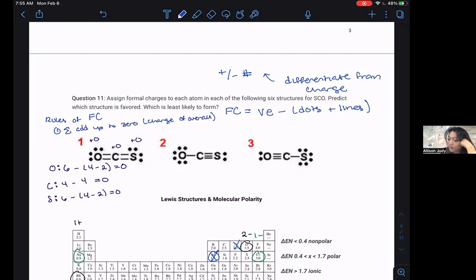And then of course we want the individual formal charges to be closer to 0. Really like 0. That's a really stabilizing indicator, a quantitative indicator.